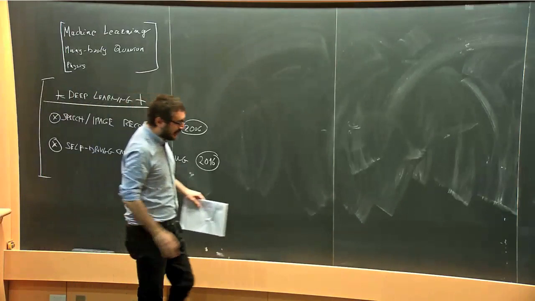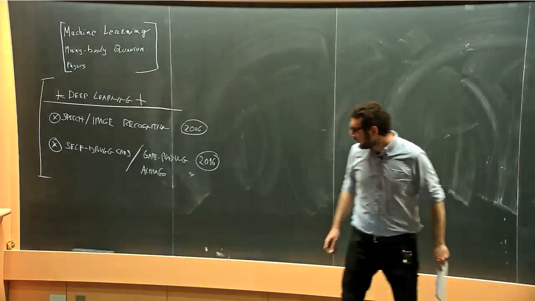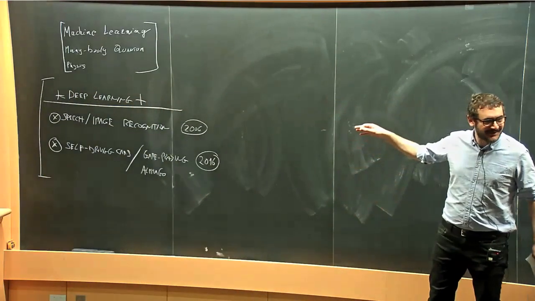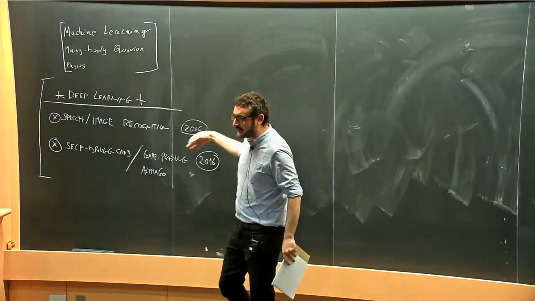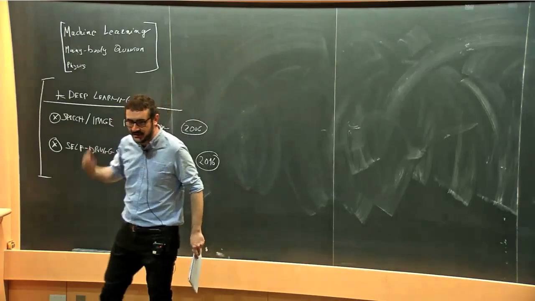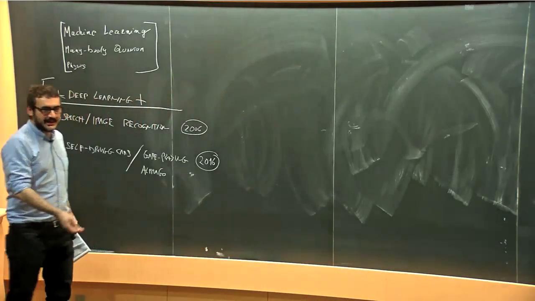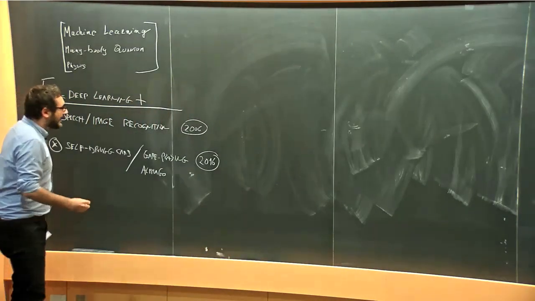Now, given that scientists typically are not completely outside of the world, I've noticed that this has happened in the past 10 years, and people have tried to figure out how we can use this technology in more fundamental research, right?